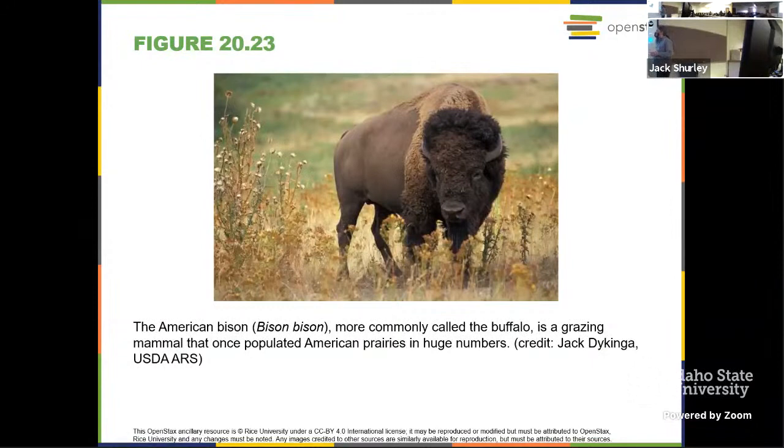There were once mass quantities of buffalo across the prairies, and that's really what we're kind of looking at right here, some of the prairie, savanna-like, sort of, right? More grasses, considerably less trees and shrubs in these situations.